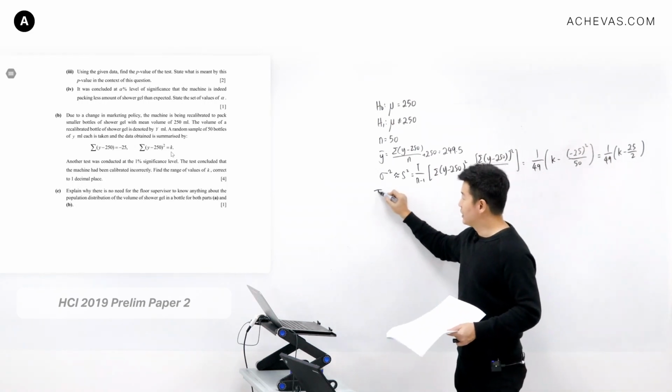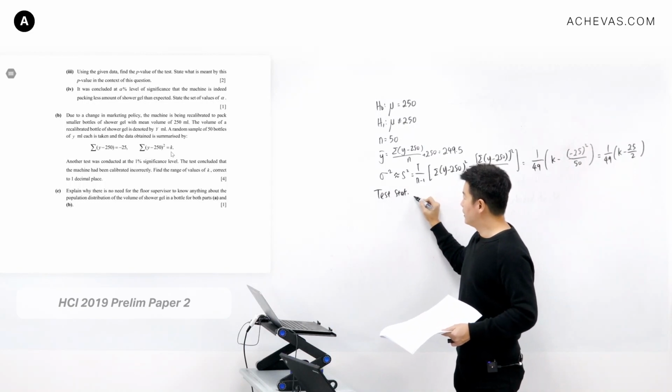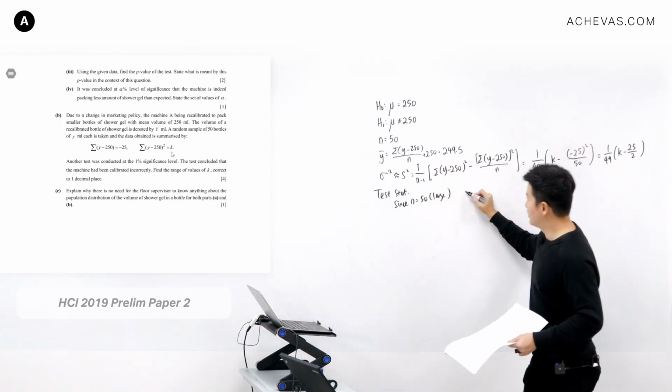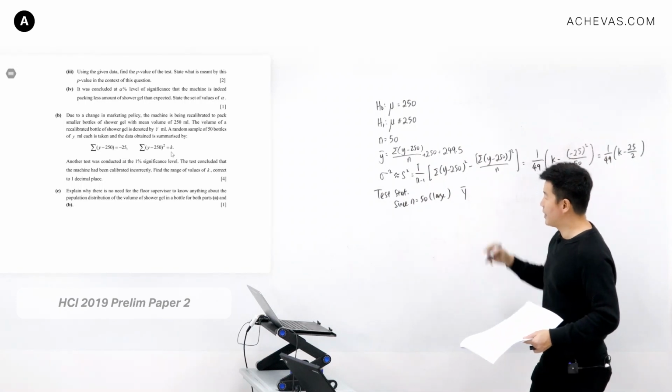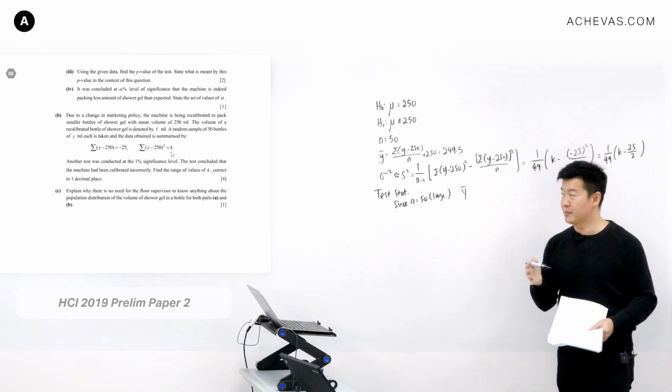I'm going to write down the test statistic. Because n in this case is large, I can write down my test statistic, which is y bar. Y bar represents y1 plus y2 plus y3 all the way until y50 divided by 50.